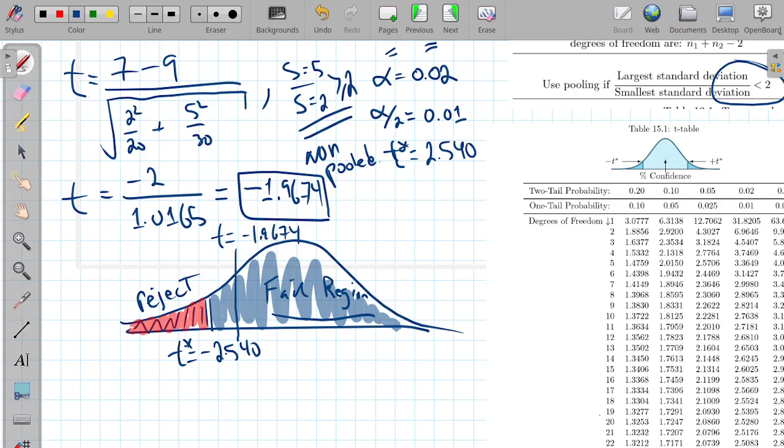So 19 degrees of freedom, and our test statistic was 1.96. So it lands between these two columns. So we had to go up here. Now if this was one-tail probability, it would be smaller than 5%, but bigger than 2.5%. But this is two-tailed probability, so we're less than 10 and greater than 5.